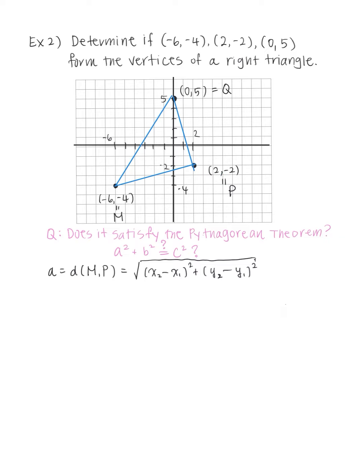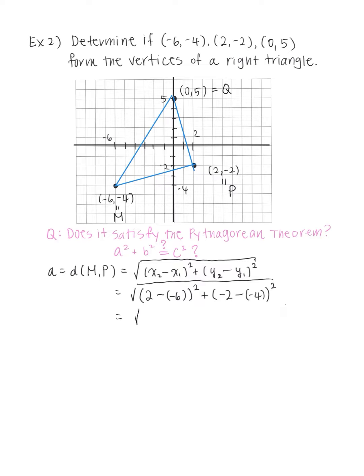Okay, so here we're going to get x2, so x2 is going to be 2, and then minus x1 is negative 6, so you're going to have a negative 6, and whole thing squared, and then plus y2, y2 is going to be negative 2, and then minus y1 is 4, squared. All right, and whole thing being square rooted. Okay, so then here, what do we get?